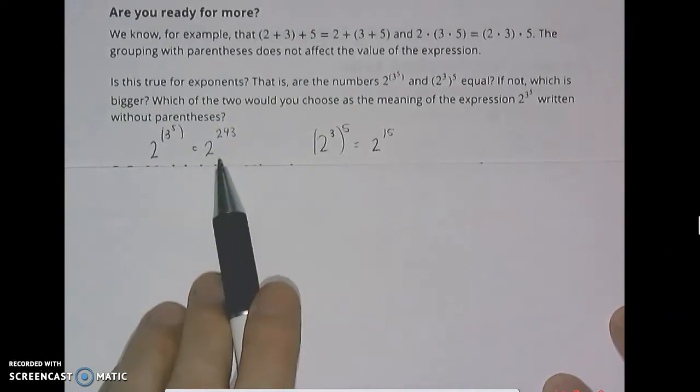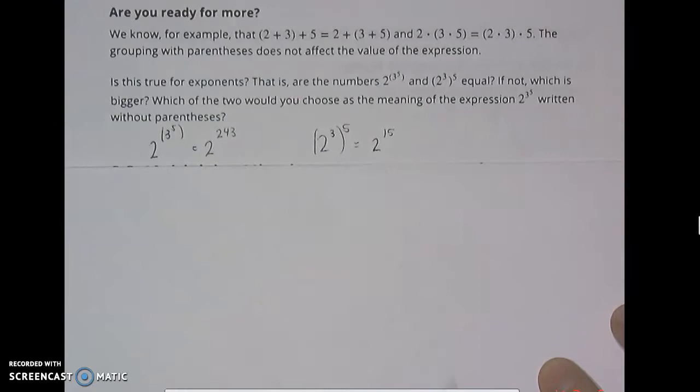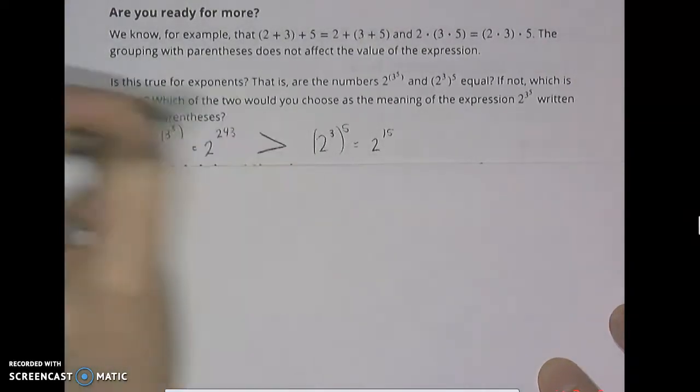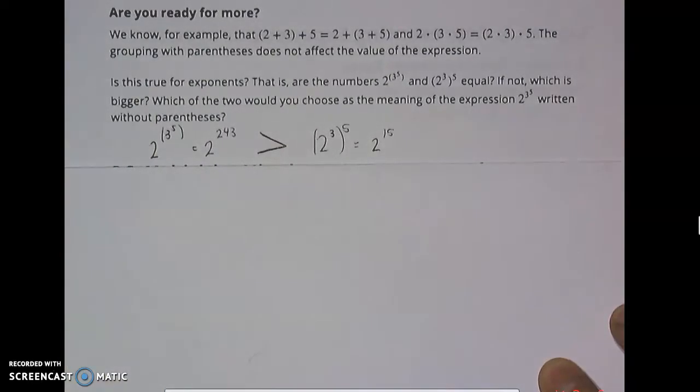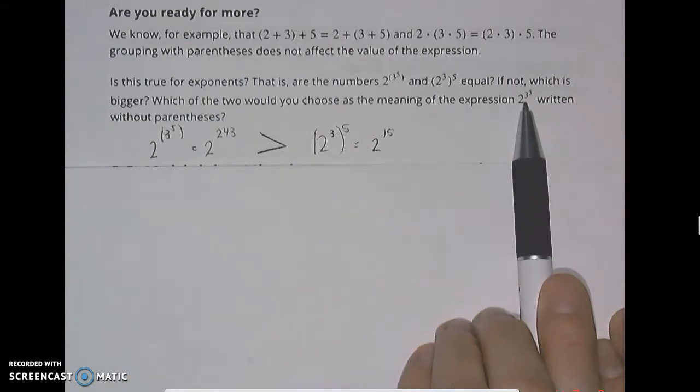No way. 2 to the 243rd and 2 to the 15th, not the same thing at all. But which of these two would you choose as the meaning of the expression if there were no parentheses at all? This one's bigger. I'm going to put an inequality symbol in there. This one's bigger. That answers the first question. With this, we kind of work our way backwards.